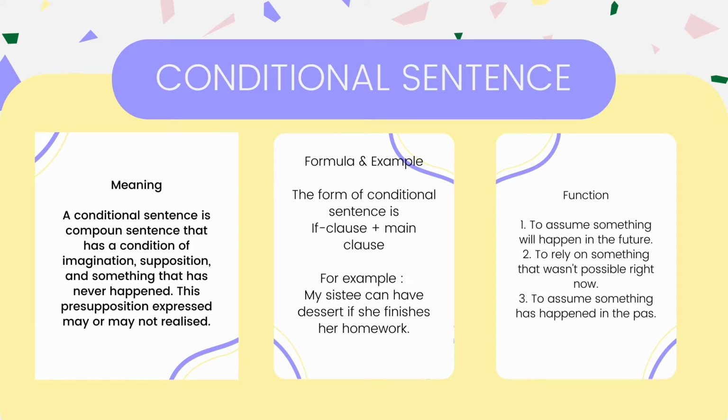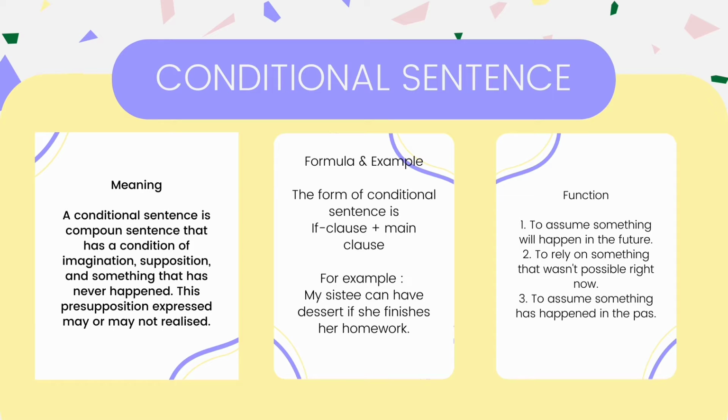And the next is the formula and the example. The form of conditional sentence is an if clause plus main clause. If clause is a clause that is part of the presupposition. The main clause is a sentence that contains the consequences of the condition at the beginning of the sentence.